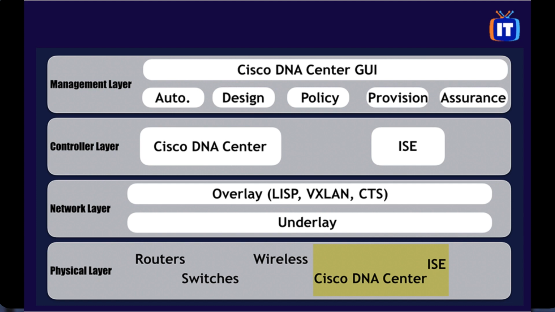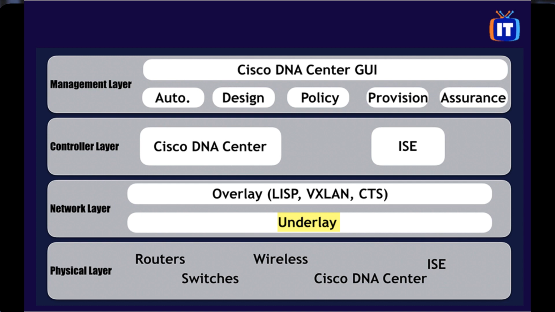Now, as we move up to the network layer, notice we get into a concept that is common in software-defined solutions, and that is there is an underlay, which is super fun to say, underlay. The underlay is where we are going to have our traditional routing mechanisms or layer 2 mechanisms if we're using something like rapid spanning tree protocol in a layer 2 environment.